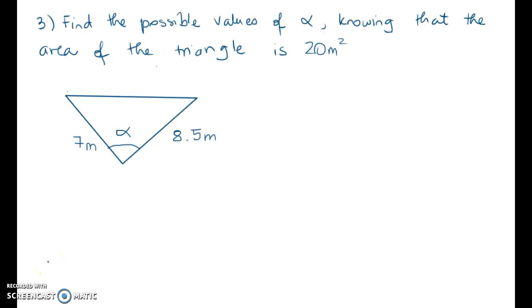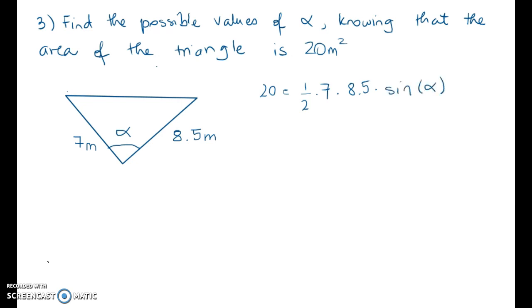For our third example, we wish to find the angle alpha, knowing that the area of the triangle is 20 square meters. You will see over here that the sides next to the angle alpha are 7 meters and 8.5 meters. So applying the formula for the area, we have that 20 has to be the same as a half times the length of one side, 7, times the length of the other side, 8.5, times sine of the angle alpha.